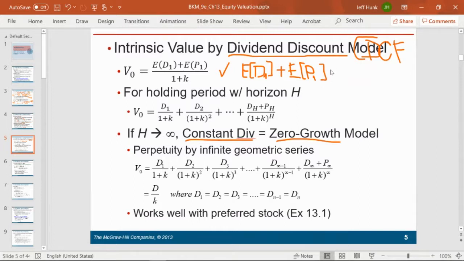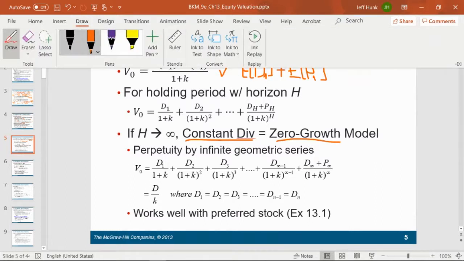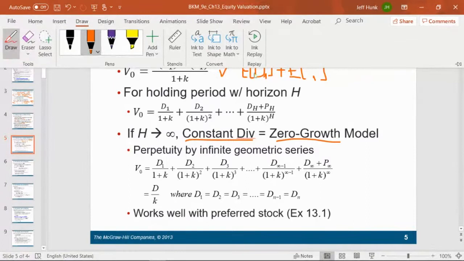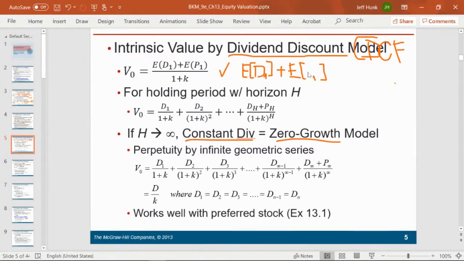Let me do this. I will change the notation, because if it is expected price, then that should be a rational price.